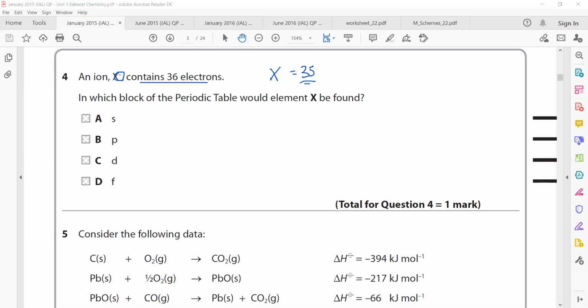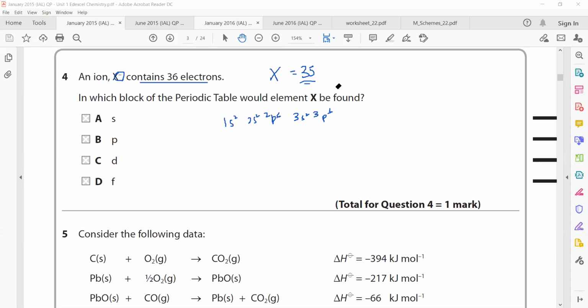Like for elements, we say d block element, s block element, p block element. So when I write the electronic configuration for this, I have to arrange 35 electrons. So it is 1s2, 2s2, 2p6, 3s2, 3p6. This is one way of writing all the electronic configuration. Or there's also another way.